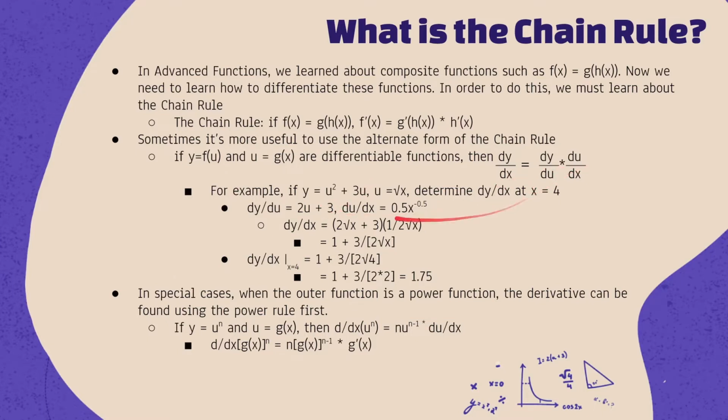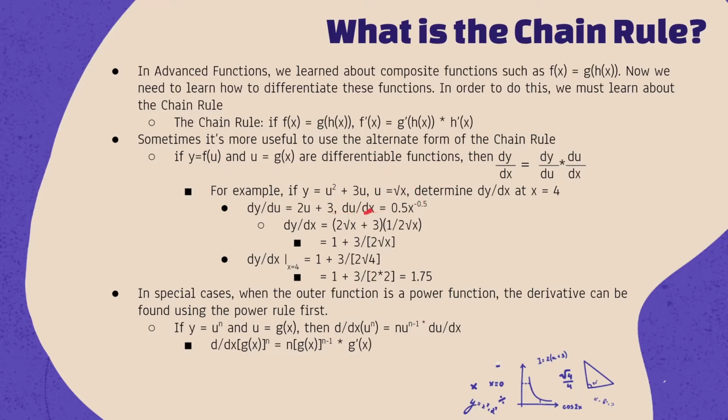Similarly, for the derivative of u, we have the square root of x. The square root of x is the same as x to the power of 1/2, and so we take that half and put it in the front, and then we do 0.5 minus 1, and we get negative 0.5.